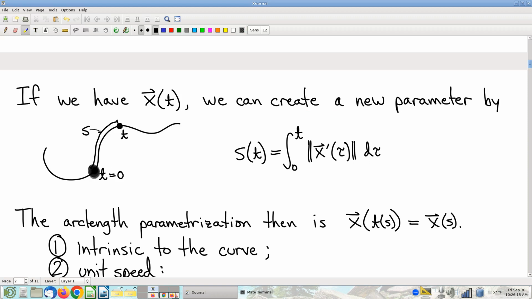That's where t is equal to 0. So we're going to start from there. Wherever I happen to be at a particular time t, I'm at that location, and I have therefore traveled what distance from my starting point?